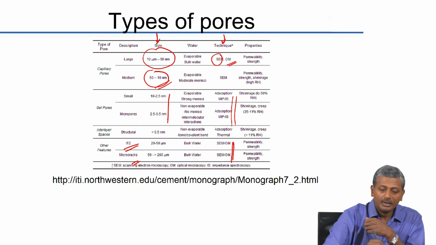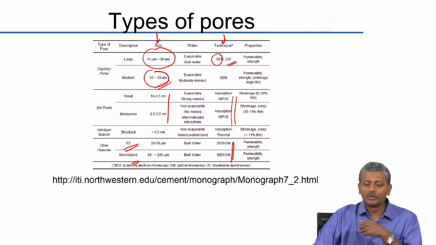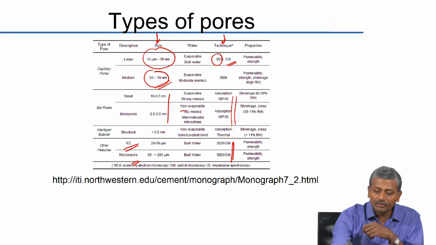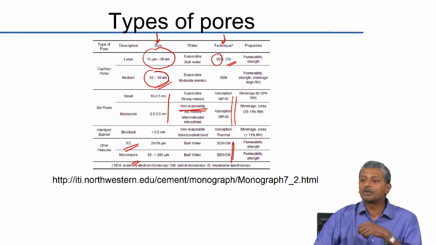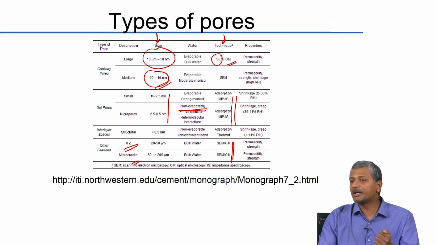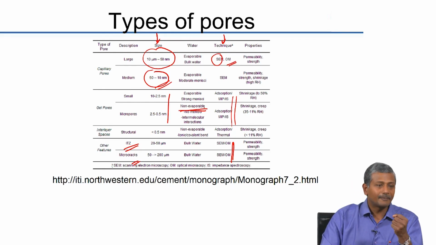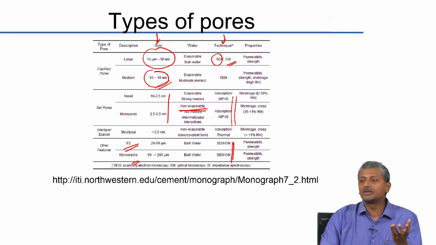Gel pores, again you have small pores and micropores, these are very difficult to actually remove. Almost the micropores are leading to non-evaporable water, although earlier we said non-evaporable deals with the water that is bound within the crystalline structure, but here some micropores may be holding the water so tightly that you are not going to be removing that water at all.